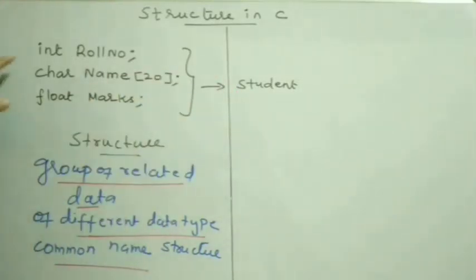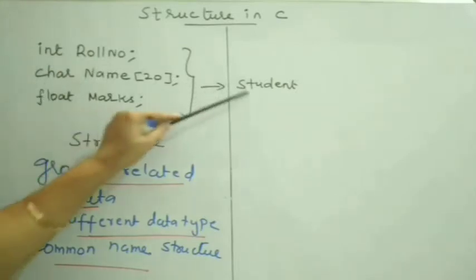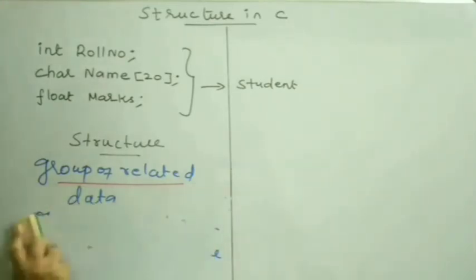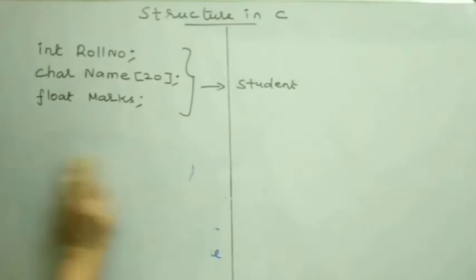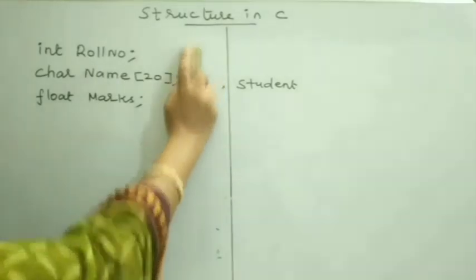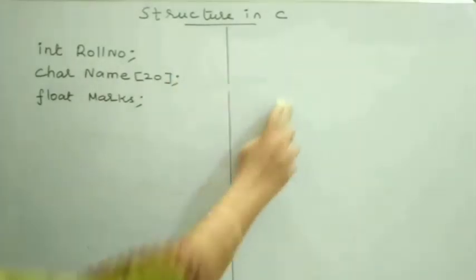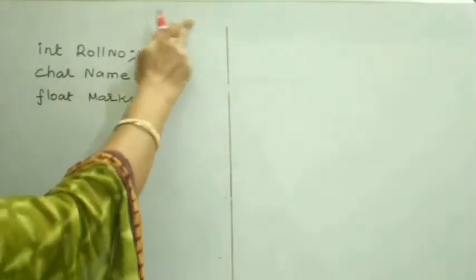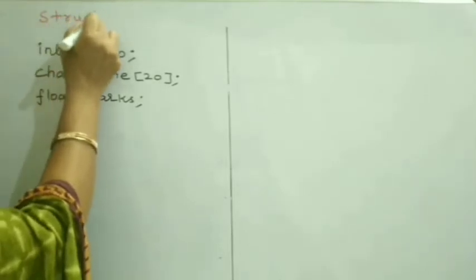So if I want to group data items of different data types under a common name, we may make use of a structure instead of arrays. How to define a structure? Structure definition starts with the keyword struct.